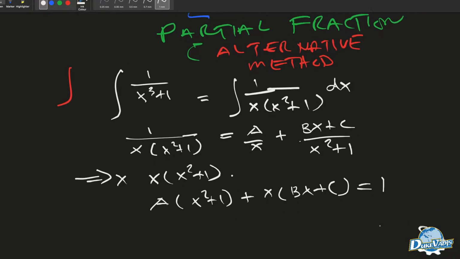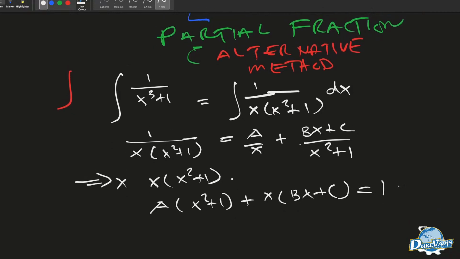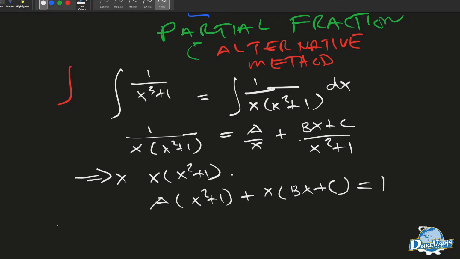If you look at it, we can resolve this equation easily by expansion. So when we expand this equation, we get Ax squared plus A, then Bx squared plus Cx, equals 1.